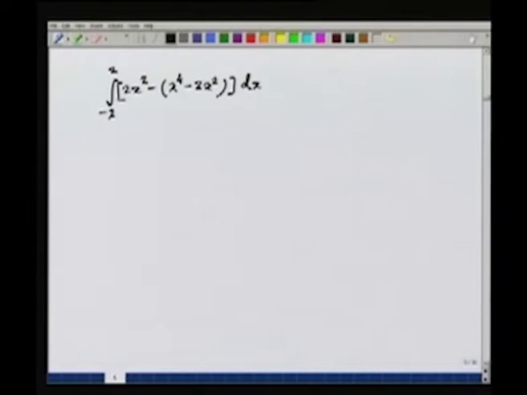Now from the standard formulas of integration, you can very easily see that this integral can be done. It's just a polynomial, and the integral of x to the power n is x to the power n plus 1 by n plus 1.